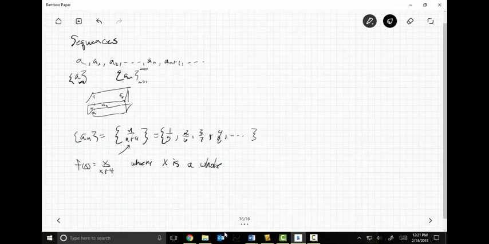And you would be exactly correct. That's all it is. Sometimes you'll see this written as f of n is equal to n over n plus 4. So really what we've done is cherry pick the positive integers off of this.